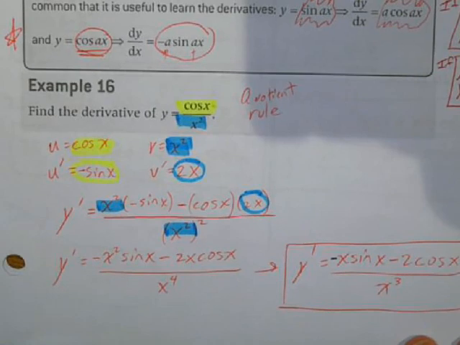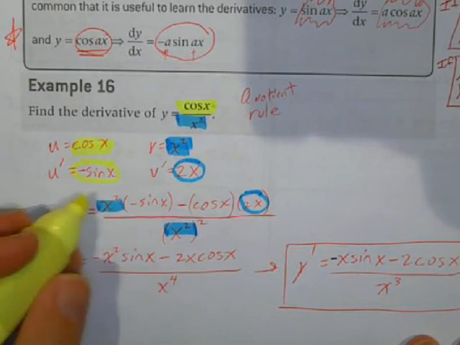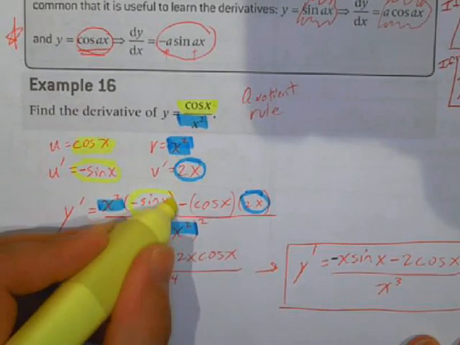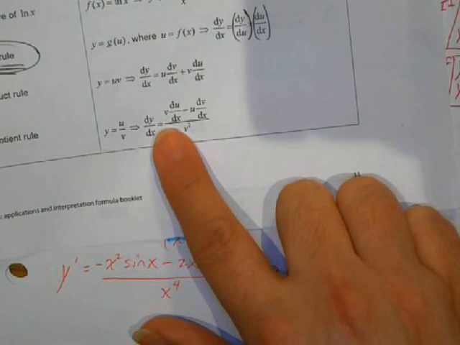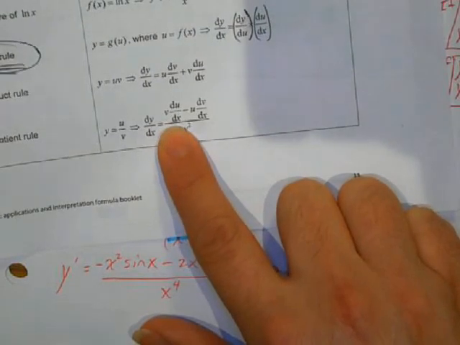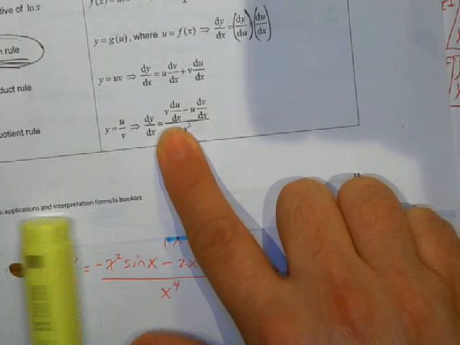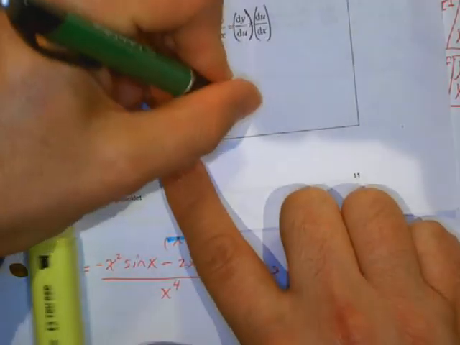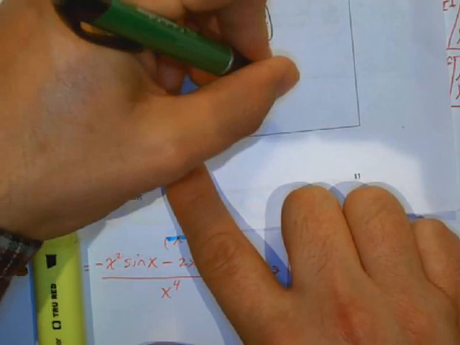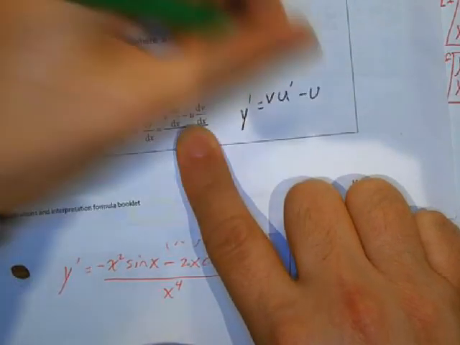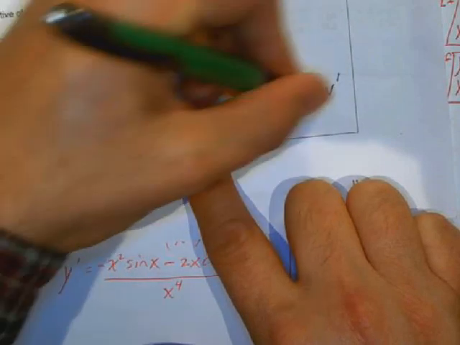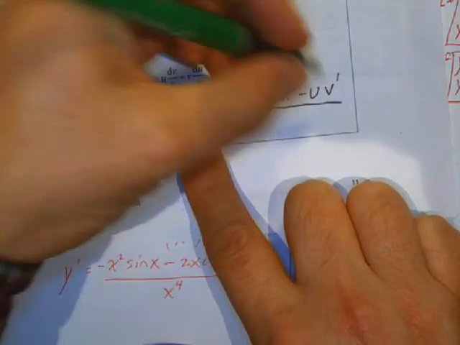Okay, so once again, for the quotient rule, it's v times the derivative of u minus u times the derivative of v, divided by v squared, right?